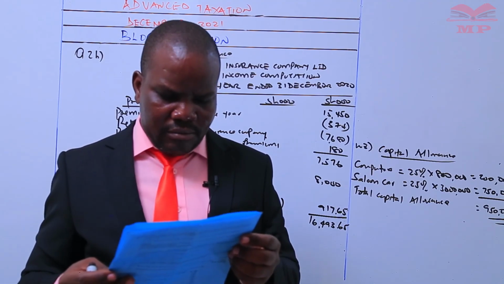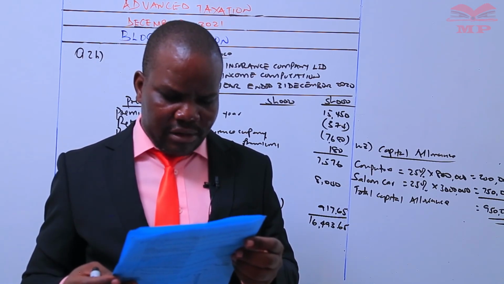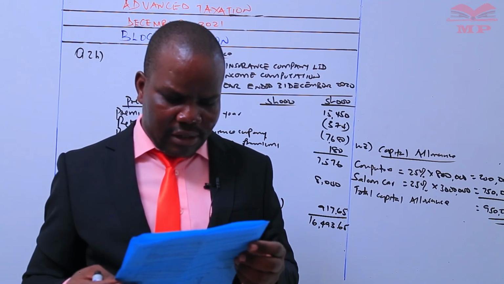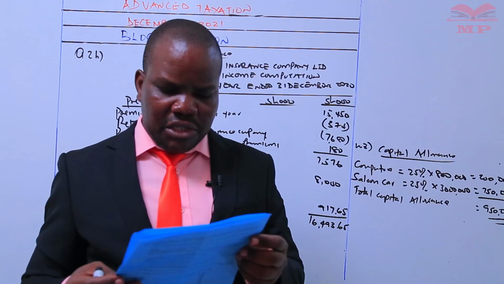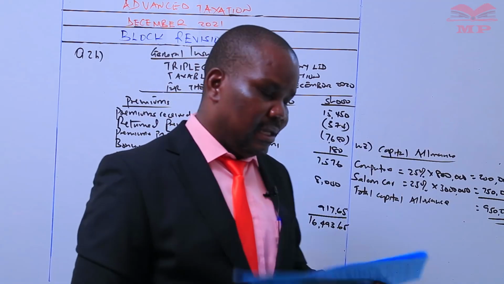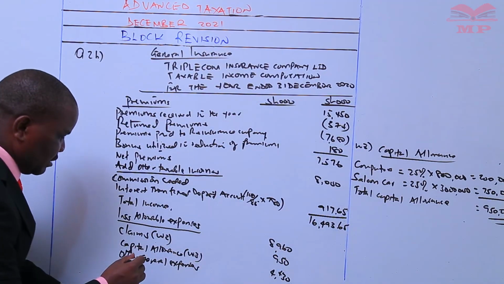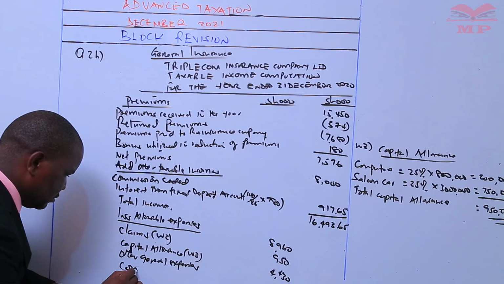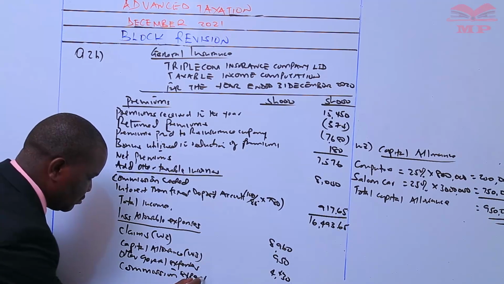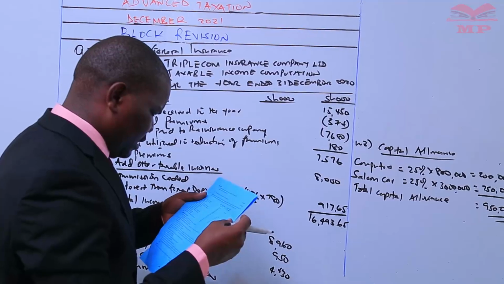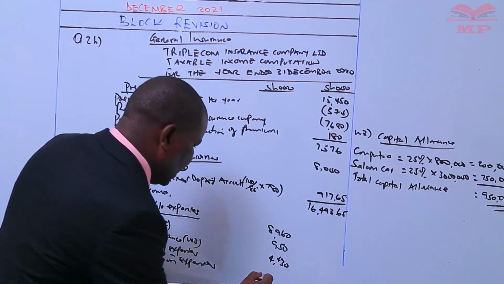So we have premiums received, commission ceded, premium returned, recovery from reinsurance, premiums paid to the insurance company. We have commission expenses. Commission expenses are allowable under general insurance, so we bring that here. Commission expenses. The figure is 1,050,000.